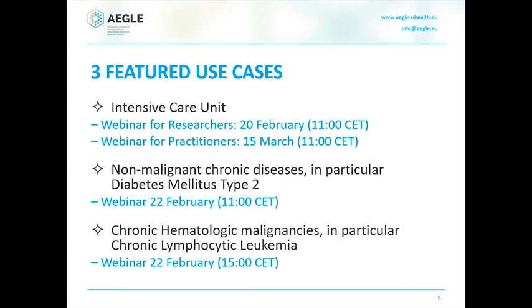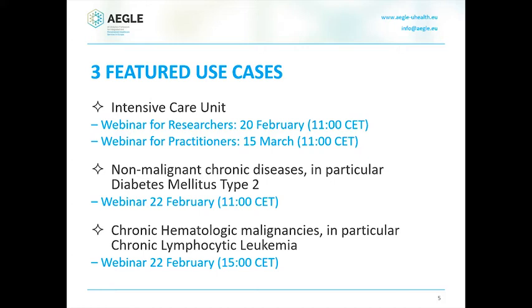We have worked with 3 featured use cases in this project. These were the intensive care unit use case, the use case for diabetes, the non-malignant chronic diseases, and the chronic hematologic malignancies. So in particular, we have worked with chronic lymphocytic leukemia. We have already run a webinar 2 days ago for the ICU unit to demonstrate how researchers can use the platform.